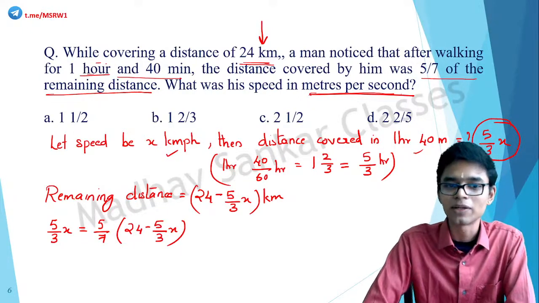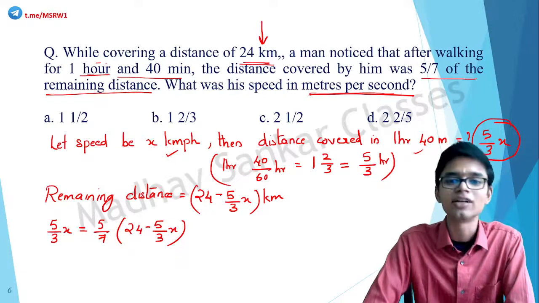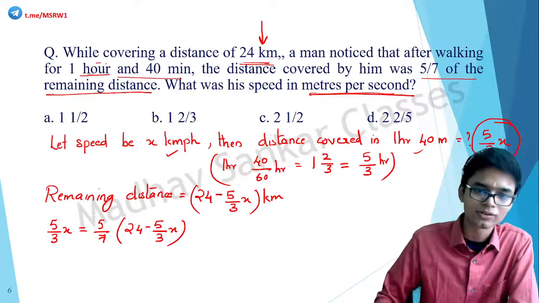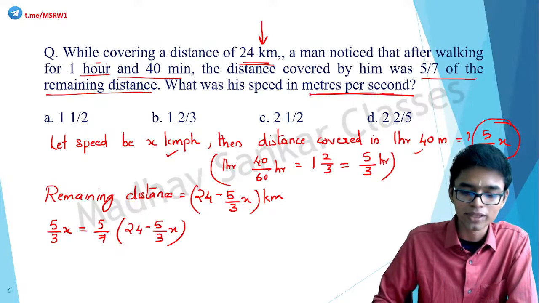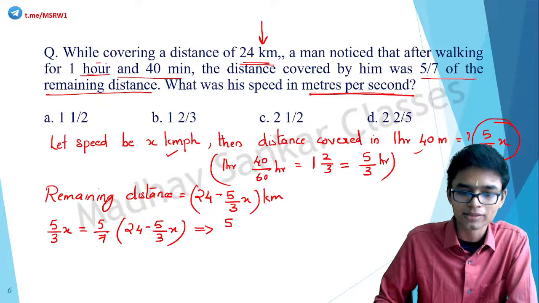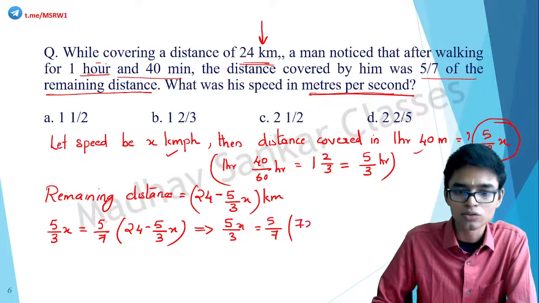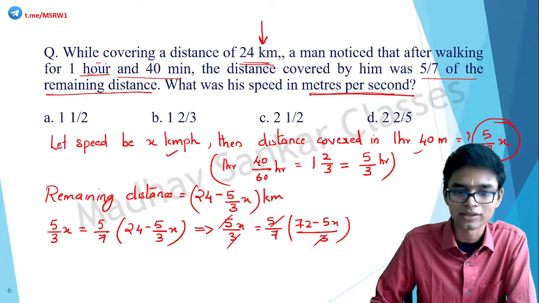Now we have to simply find the value of x and then convert it into meters per second. Clear? So let's solve this. This implies 5x by 3 equals 5 by 7 into 24 minus 5x by 3. We can cancel this 3 and this 3, this 5 and this 5.